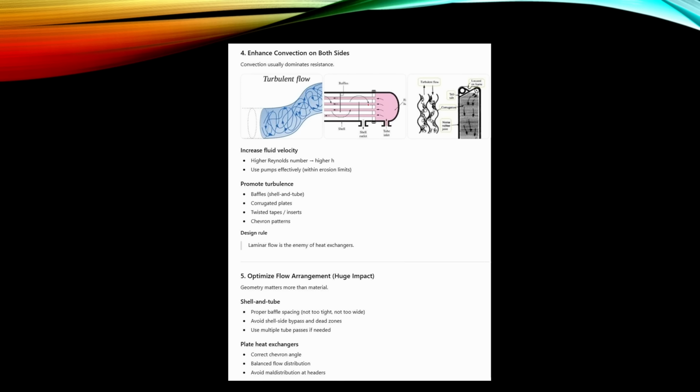In shell and tube heat exchangers we can use baffles to guide the flow in the shell. We can use CFD tools to calculate the flow field on the shell side, so we can find out if there are some very low velocity, even dead zones, so we can optimize the location of these baffles.